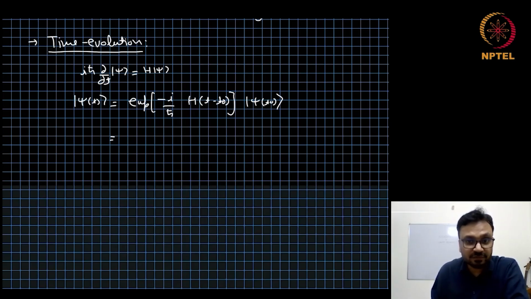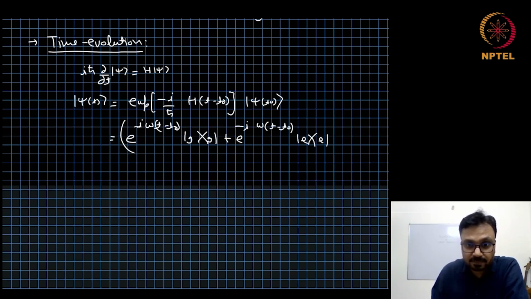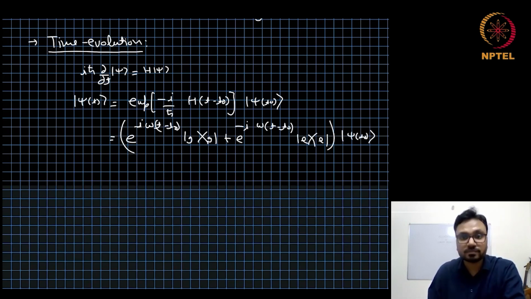Now the exponential of the Hamiltonian we can write as exponential of i omega (t minus t0) |G><G| plus exponential of minus i omega (t minus t0) |E><E|, acting on psi of t0.